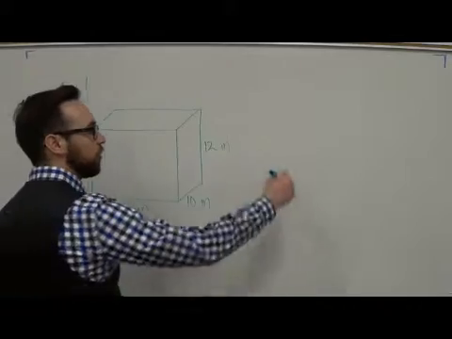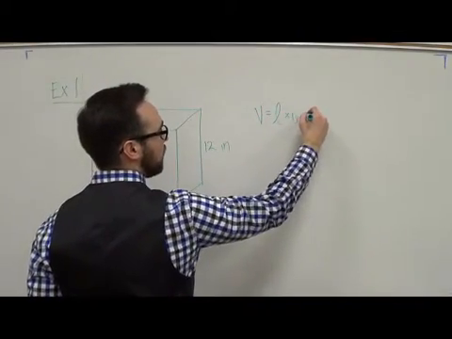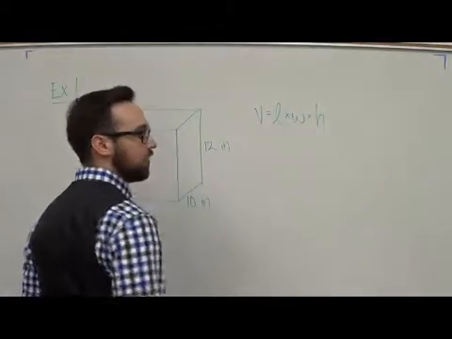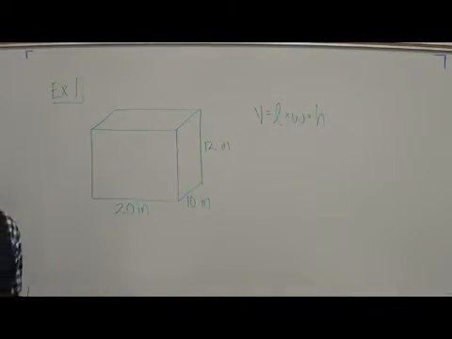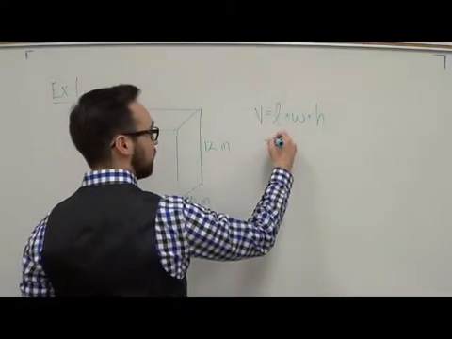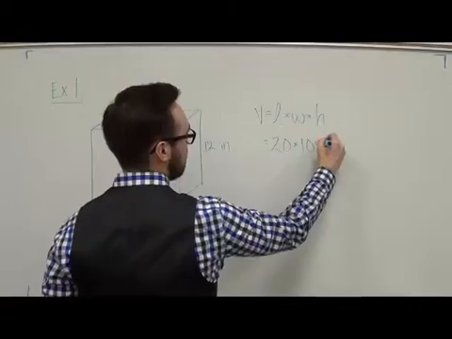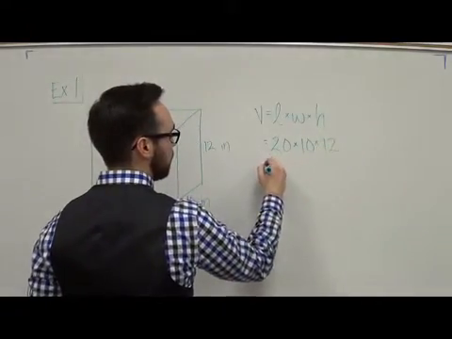Well, with a rectangular prism, we just have to look at length times width times height. We just multiply those three together and we're going to get our answer. So we're going to take our length, which is 20, times the width, which is 10, times the height, which is 12.